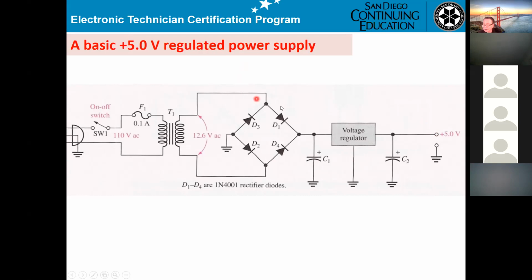Now, if you cannot get 5 volts, or you cannot get the ripple less than 10 millivolts, something must be wrong. And now, how can we fix that is your job. Okay? And you must understand, the company builds this circuitry. They already test it.